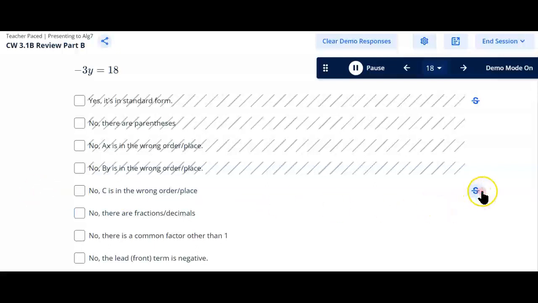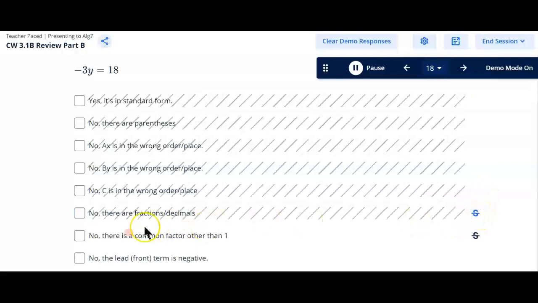Is C in the wrong place? No. Are there fractions or decimals? No. Is there a common factor other than 1? What is that common factor? 3. Is the front term negative? Oh, it's 2. That's why I'm not getting it.